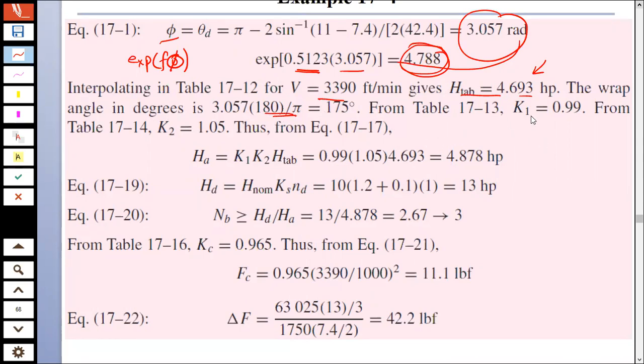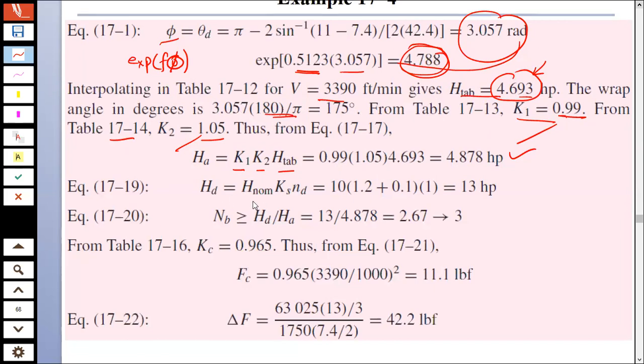The correction factors from table 17-13 and 17-14 are given to you over here. So aapka allowable horsepower kya hoga? K1 K2 H tab. So this is your K1 K2 and H tab is given to you. You just found it out with your interpolation, so this is the allowable horsepower. Now H design aapka kya hai?